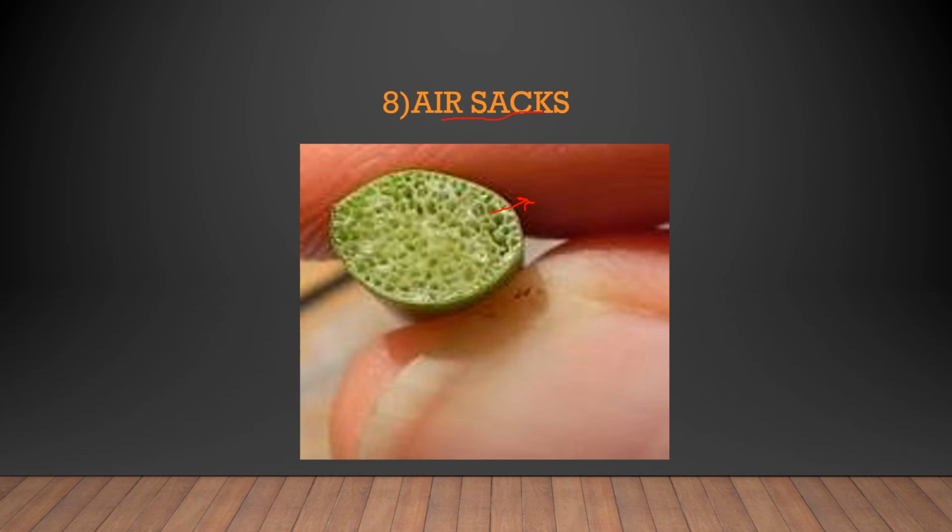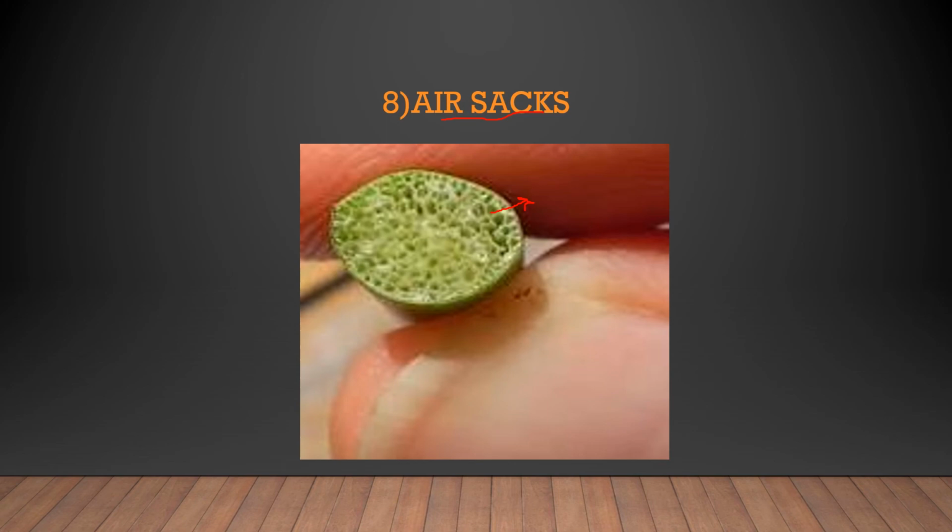And the main reason for these air sacs is that they help in the floating of the hydrophyte over the water, because hydrophytes need to float on the water. So these air sacs help in the floating of the plant over the water.